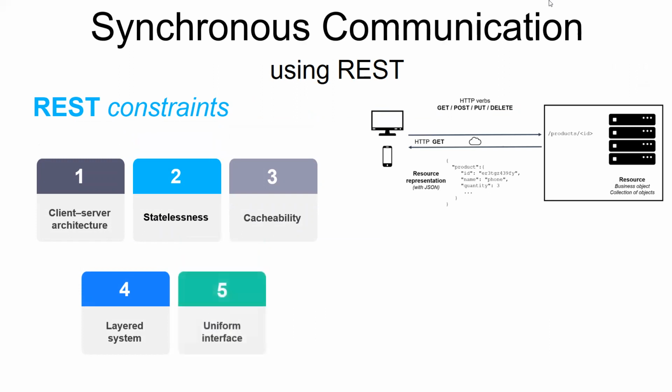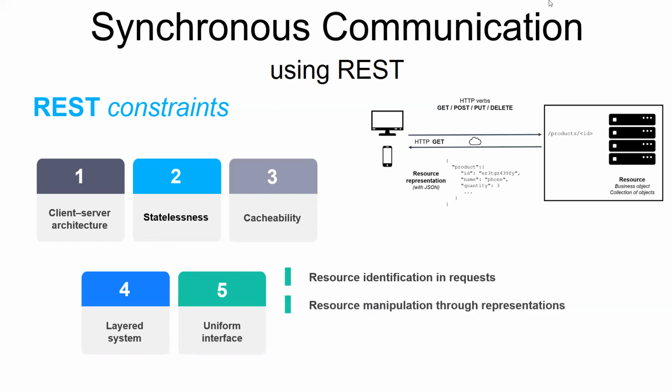The fifth and last constraint is the uniform interface, which is composed of 4 other constraints. The first one is the resource identification in requests using unique resource identifiers. The second is resource manipulation through representations. The third is self-descriptive messages that have to include enough information to describe how to process the message.